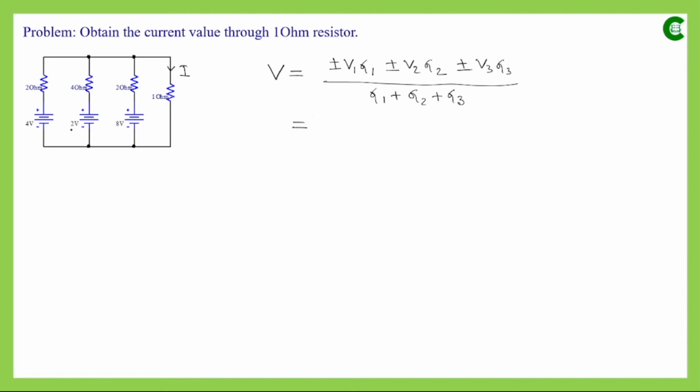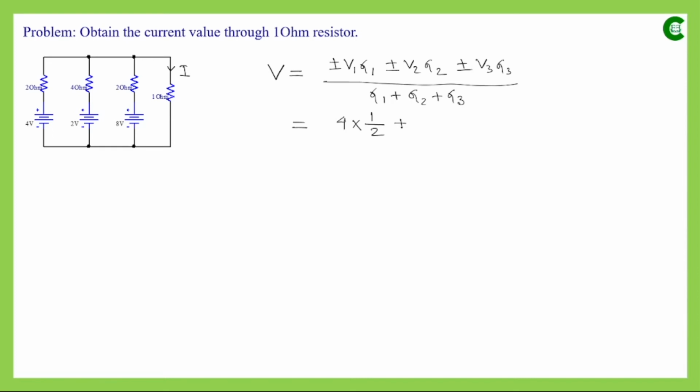For the first voltage source, as we can see the polarity, the positive polarity is connected with the resistance, so it will be taken as a positive value. So it will be 4, and the resistance of this path is 2 ohm, so the conductance of this path will be 1 by 2. Similarly, for all other voltage sources the polarity is the same as the first one, so their voltage values also will be taken as positive.